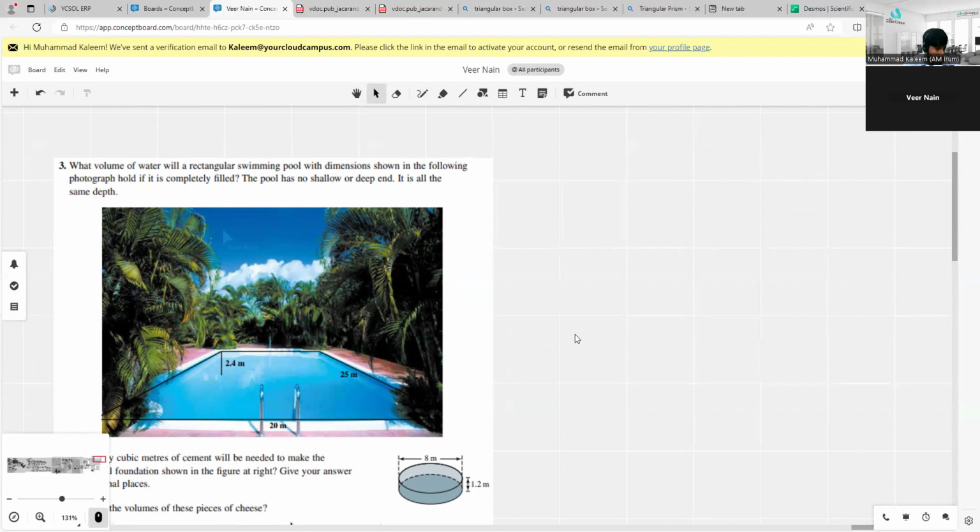So 2.4 meters is the height of the pool. So 20 times 25 gives you 500, and then 500 times 2.4 gives you 1,200 cubic meters.